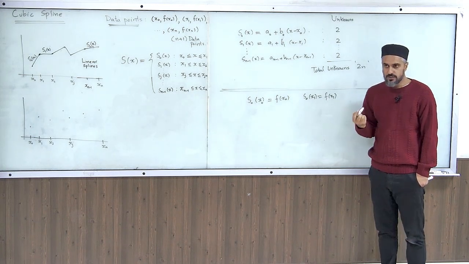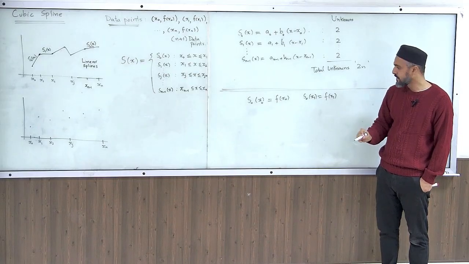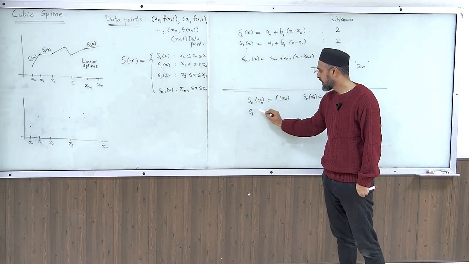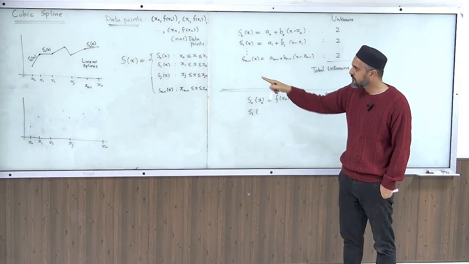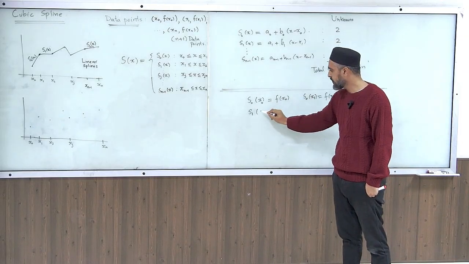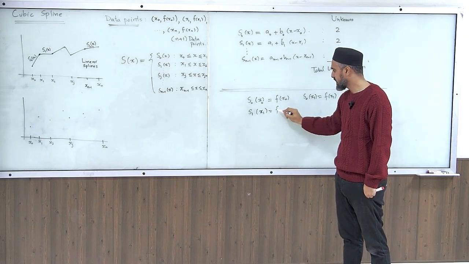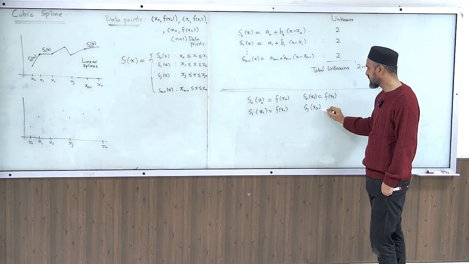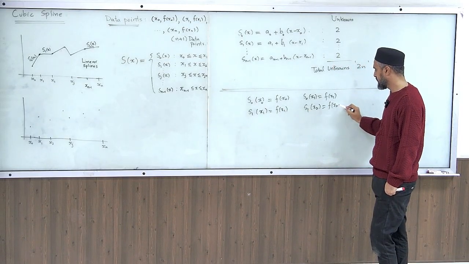Now if I just wanted to see the same information for S1, S1 starts from x1, ends at x2, and S1 of x1 is the same as f of x1, and S1 of x2 is the same as f of x2.